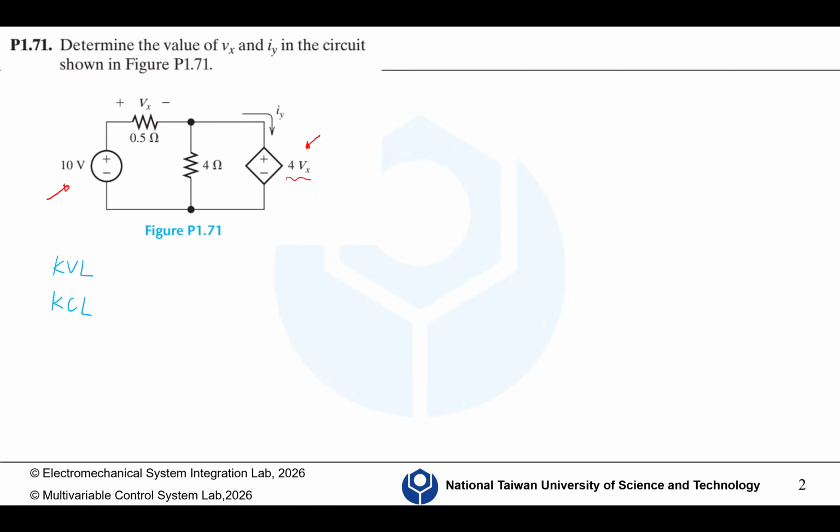And we talked about the voltage division rule. If resistors are in series, then the voltage across each resistor is just a fraction of the voltage source, right? And we have the current division rule.